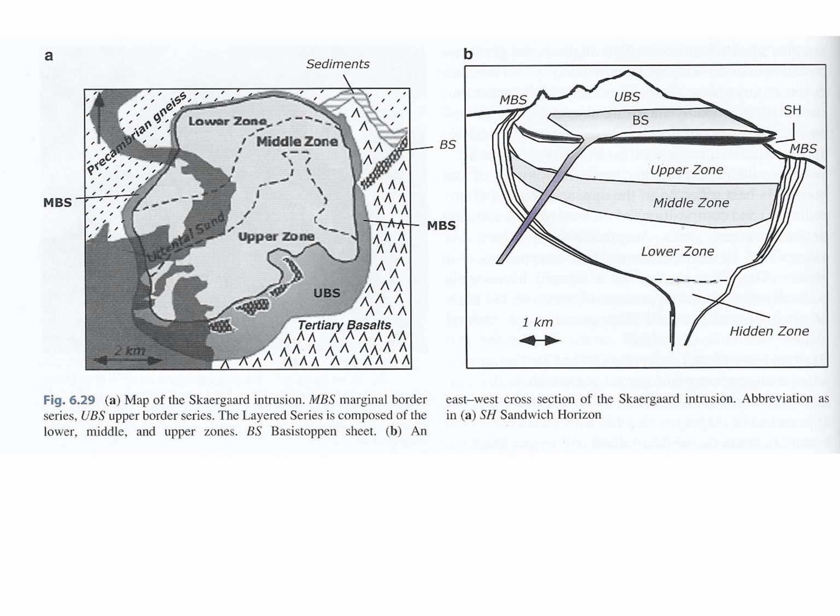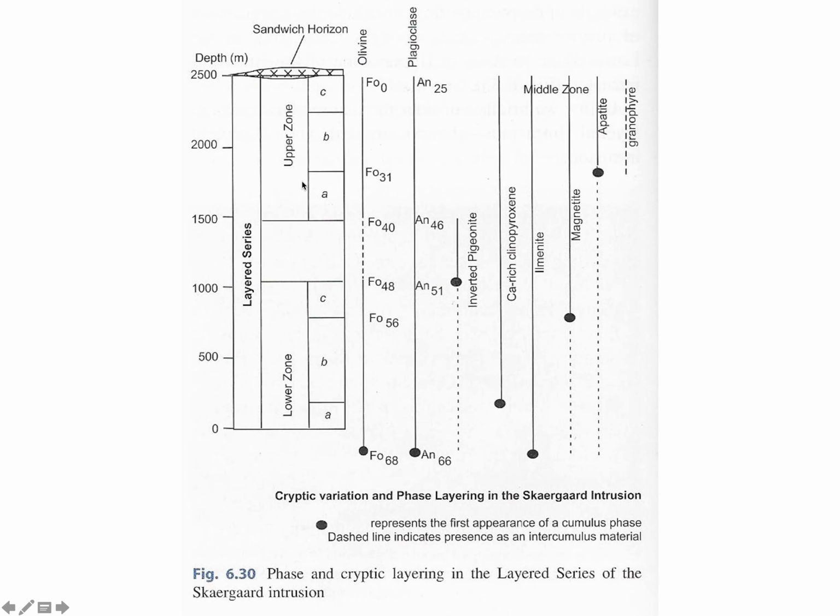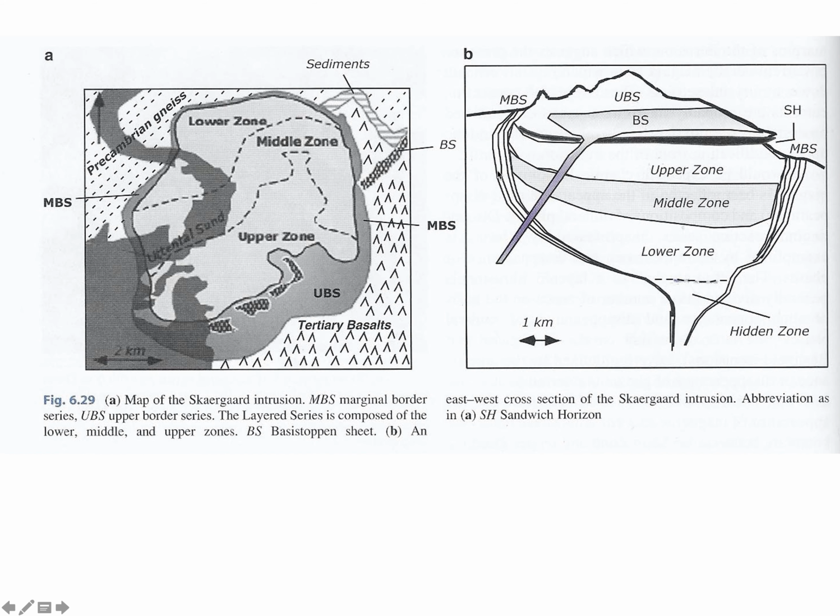And here in B we have an east-west cross-section of the Skaergaard intrusion. So we have here again the UBS, that is the upper border series. Then we have here the BS, which is the Basistoppen Sheet.